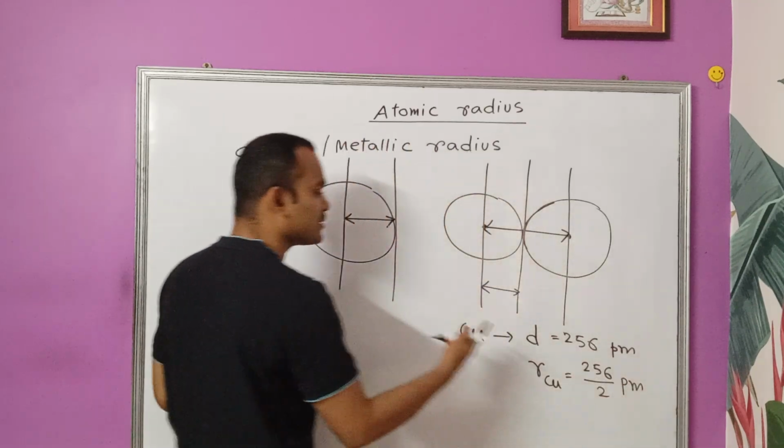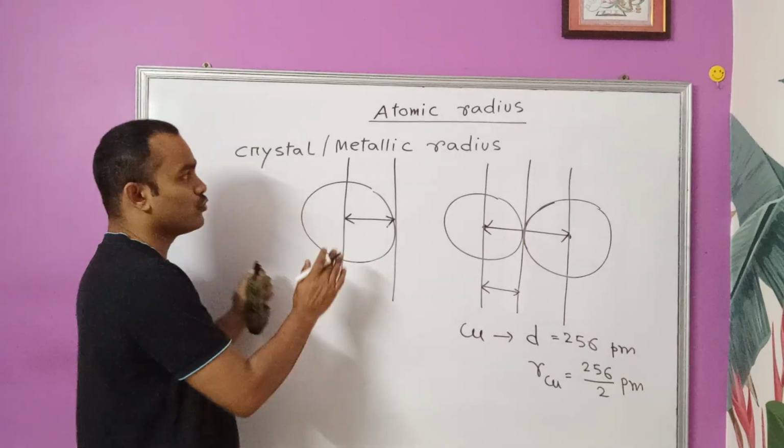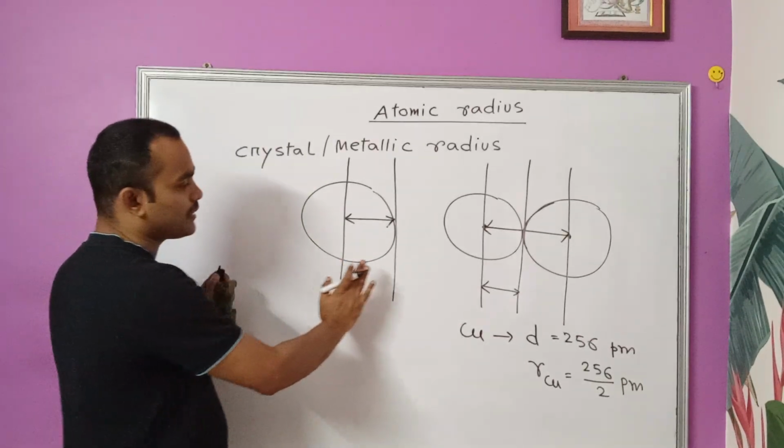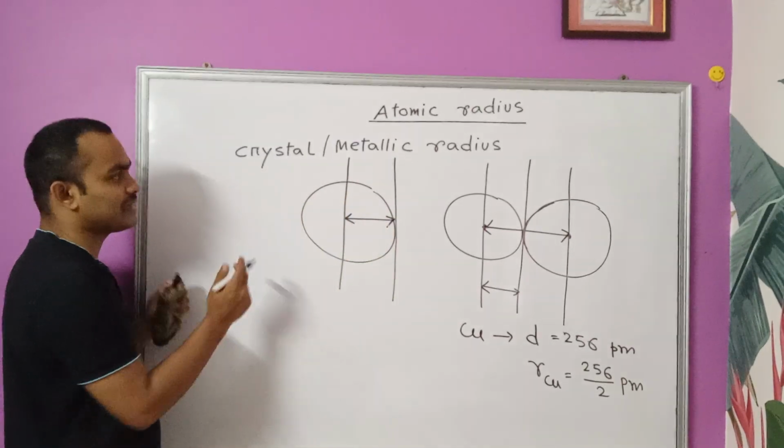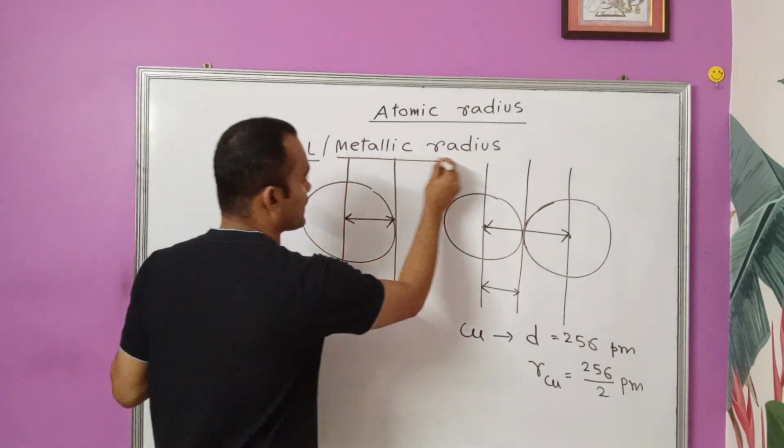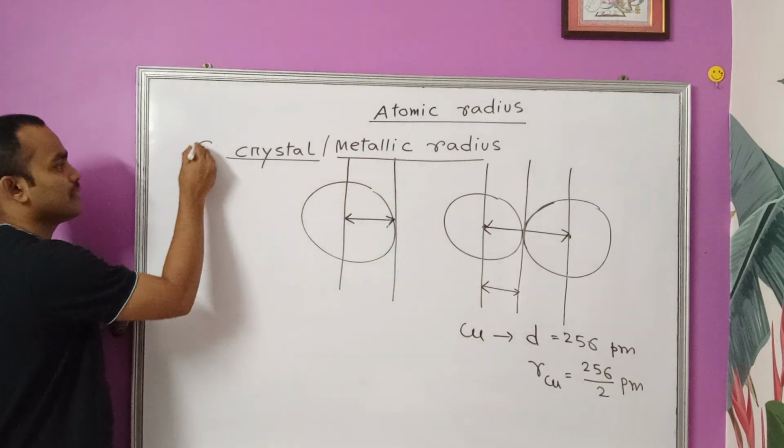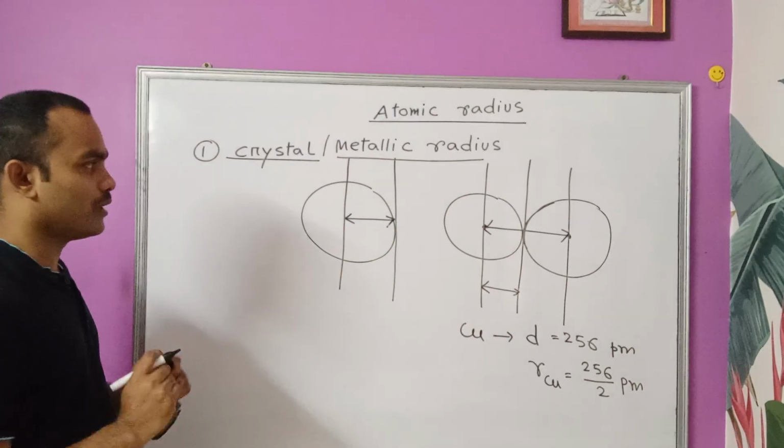Clear? So we calculate the atomic radius from the metal crystal, and this is called the crystal or metallic radius. Clear? Number one done.